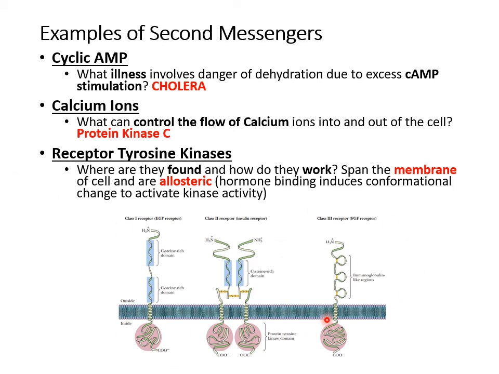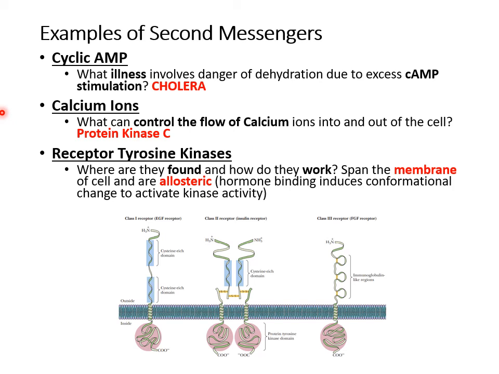And then the last one is the receptor tyrosine kinases, and that's what's in this figure here. And so as you can see, where are they found? Well, they span, they cross the cellular membranes. And the way that they work is that they're allosteric. So allosteric means a change in shape of a protein or an enzyme specifically.